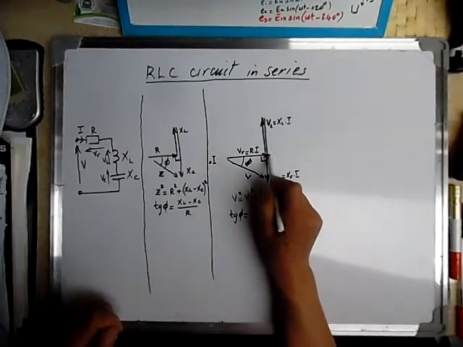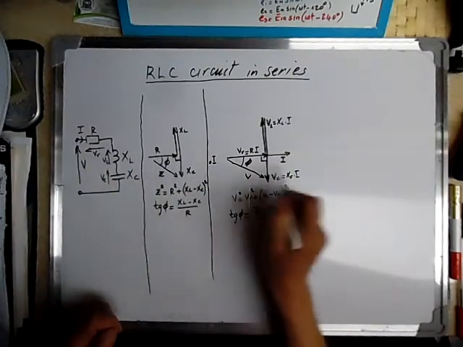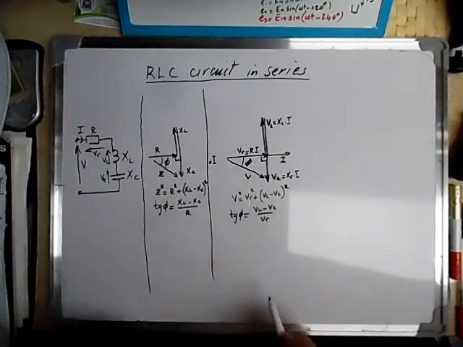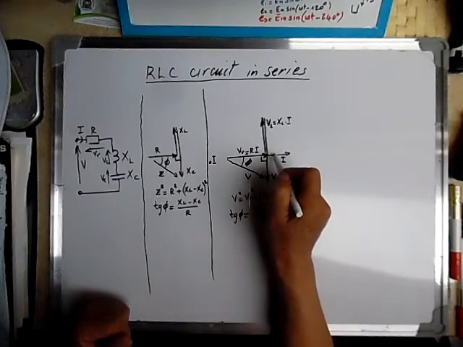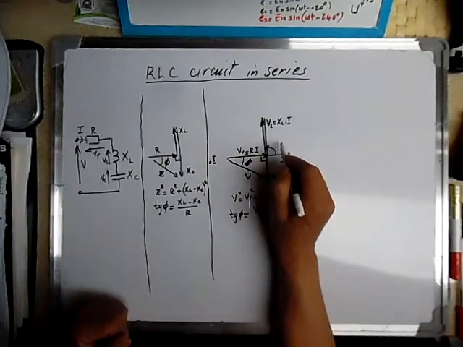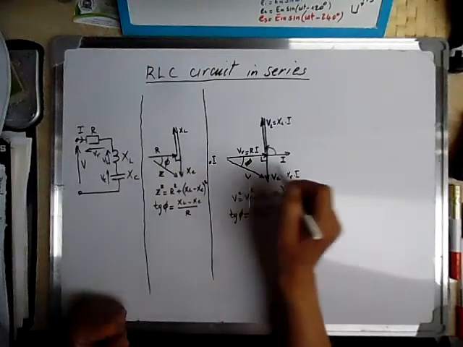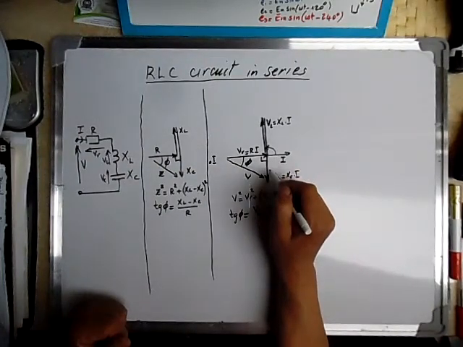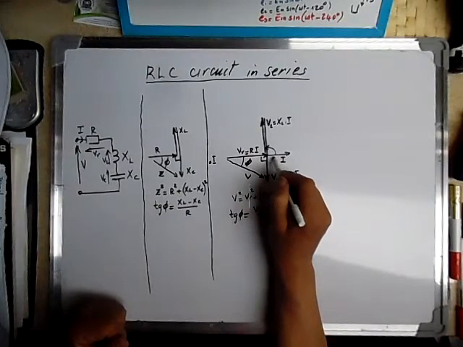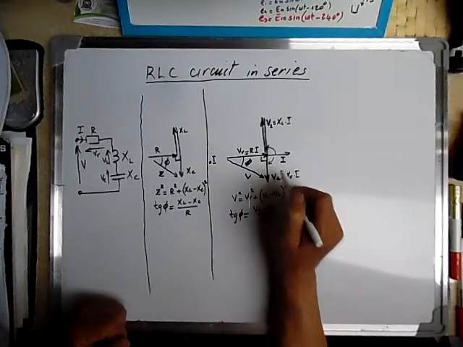Remember that I have to draw the current, which is common to everyone, so it's here. We see that VL is leading the current in the inductance, and the voltage VC is lagging the current. Okay, it's minus pi over 2.